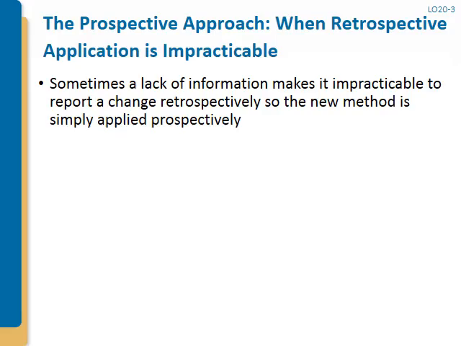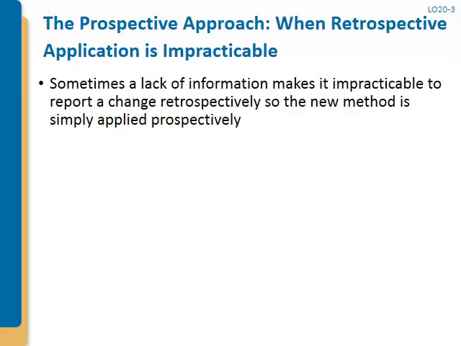Although we report voluntary changes in accounting principles retrospectively, it is not always practicable or appropriate to do so. For some changes in principle, insufficient information is available from retrospective application to be practicable. Revising balances in prior years means knowing what those balances should be. But suppose we were switching from the FIFO method of inventory costing to the LIFO method.